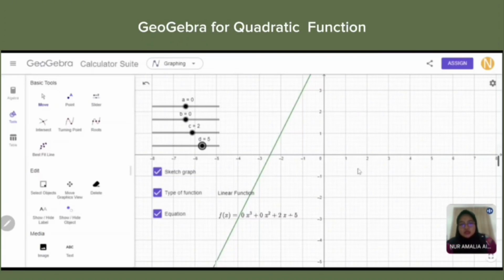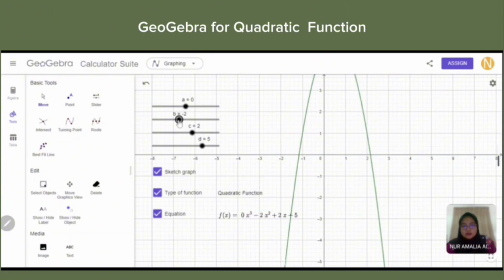As you can see earlier, for the linear function, I only moved the C because it is for the x. For the degree 2, the x squared, we will be moving this B here.